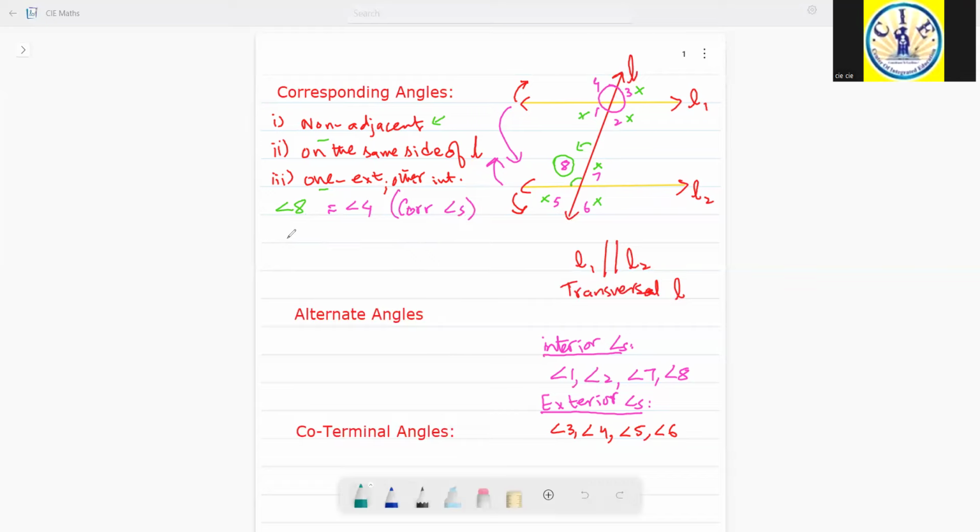Okay, let's find out the corresponding angle to angle 6, for example, applying the same three conditions.